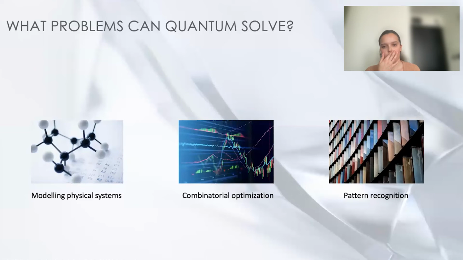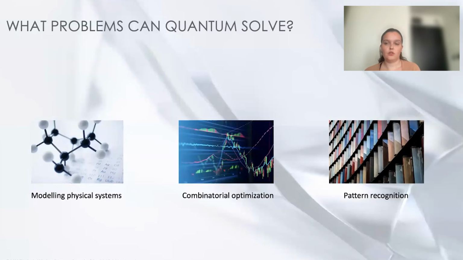Also, where we have combinatorial optimization problems. The algorithms that would be used to solve these are often the same as the ones used to model physical systems, because when we're looking at physical systems, we're often looking at an energy minimization.